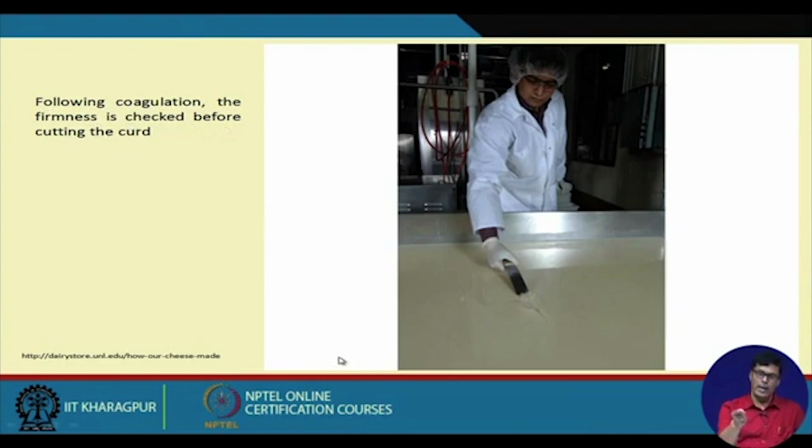With the help of a knife, you can cut the curd and find out whether it is cutting properly or not, whether it is spreading, and whether the curd making process has come to maturity or not. From that cutting test we can find out the status of the fermentation process.